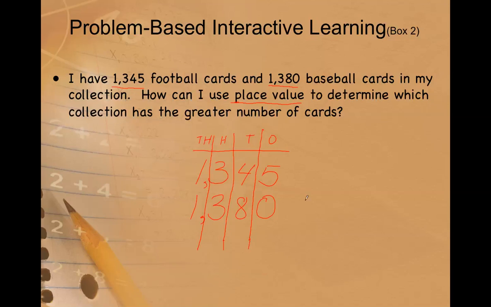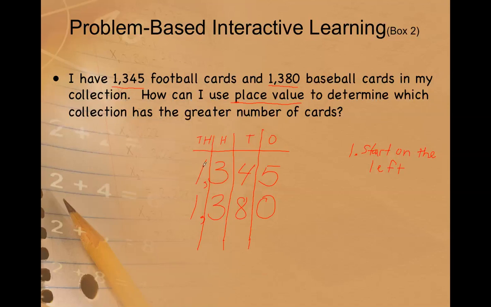Now when comparing numbers, always start on the left, the greatest value. Okay, so the greatest value here is the thousands place.